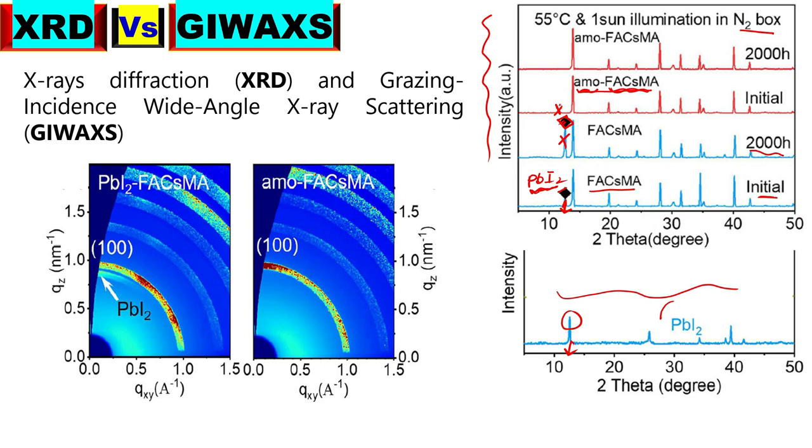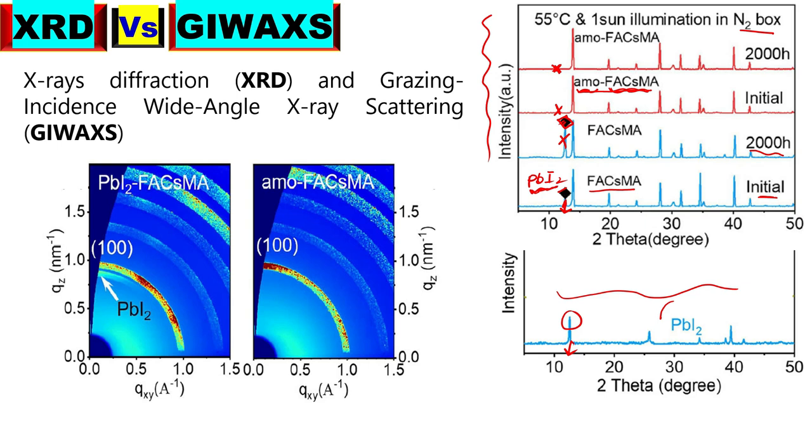When they kept the sample for 2000 hours, that peak again does not appear. There are no changes and no new peaks appearing. This means that this material enhances the crystallinity and removes those unwanted species from the sample. This kind of information we can get from XRD analysis.